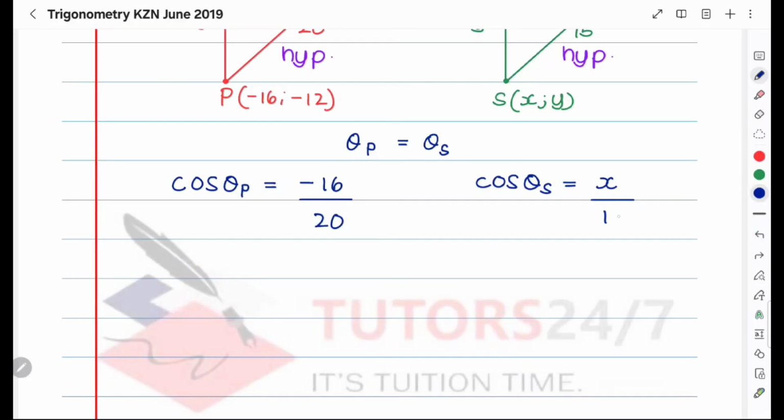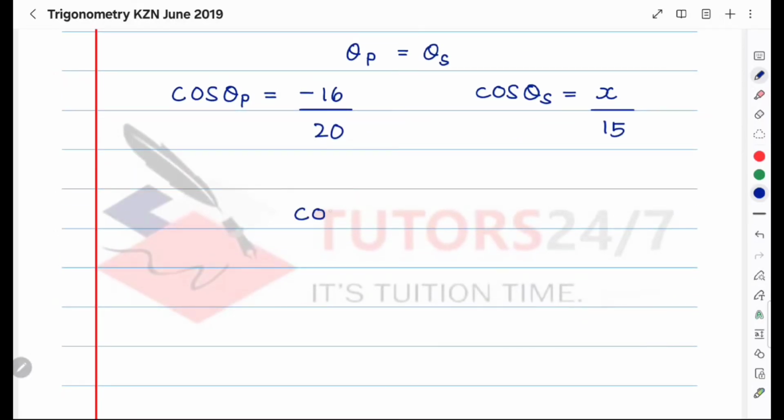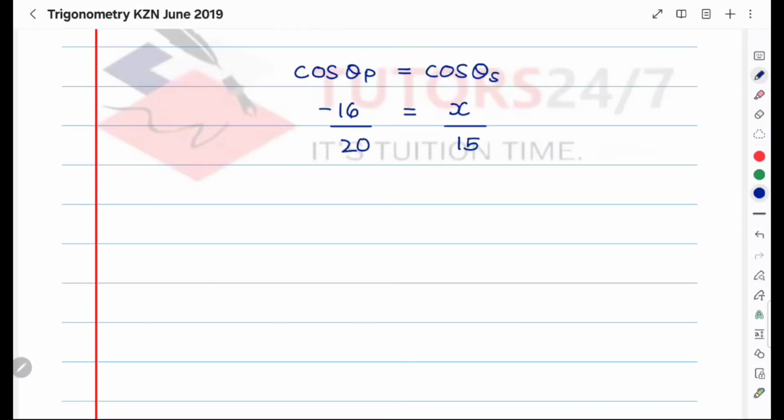Now, because the angle theta is the same for both triangles, we can connect them. So that is going to be negative 16 over 20 is equal to x over 15.